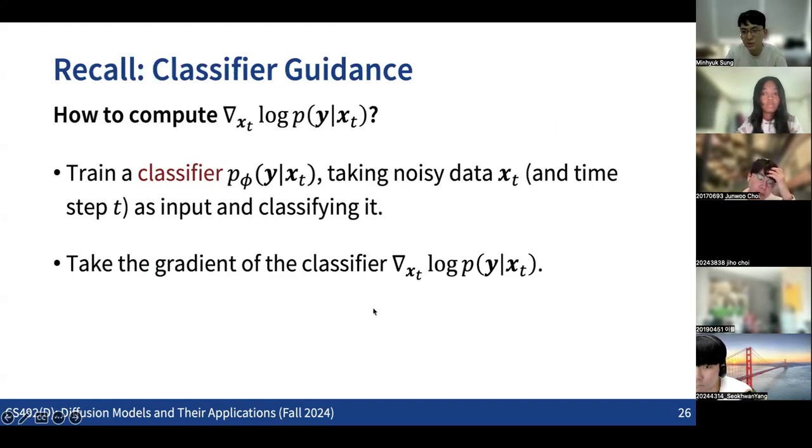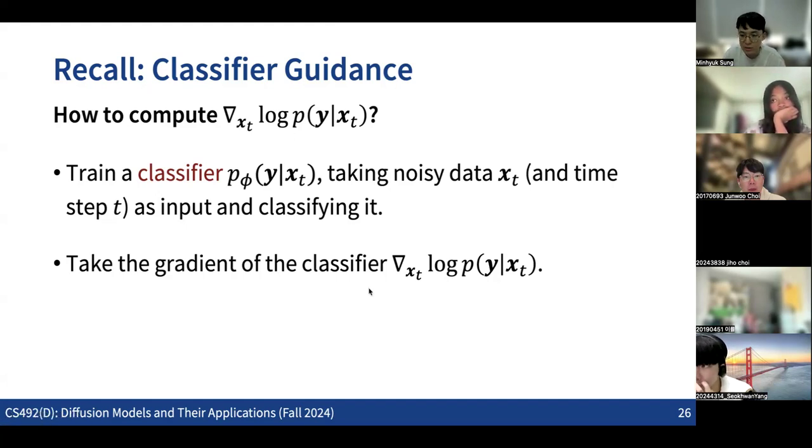So we train a classifier that takes xt as input and predicts the class label for the image, and taking the gradient of the log of that becomes the score for this term, right? This was the case when y is a label for the images, and we additionally train another network, the classification network, and compute this from it.